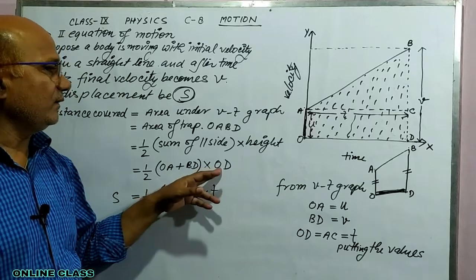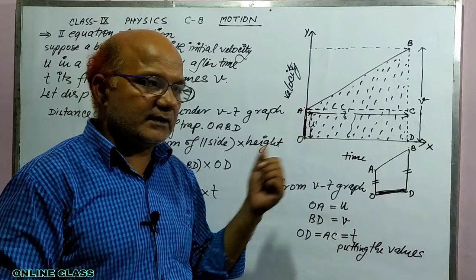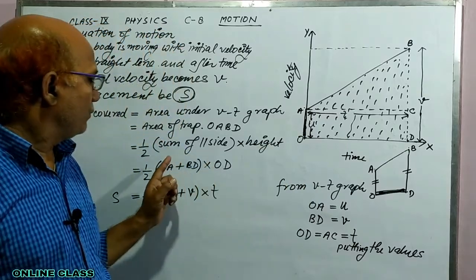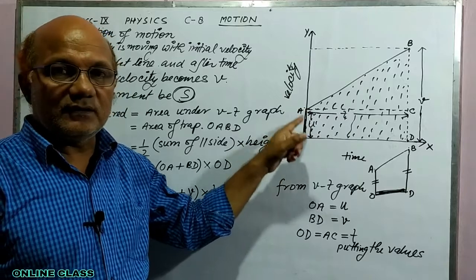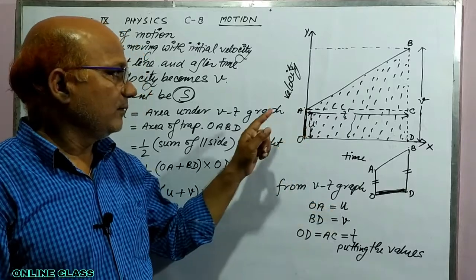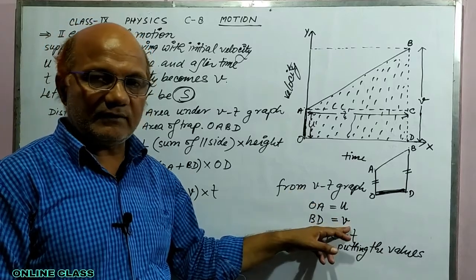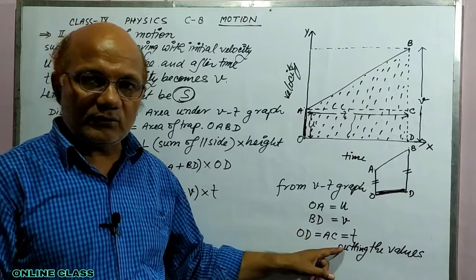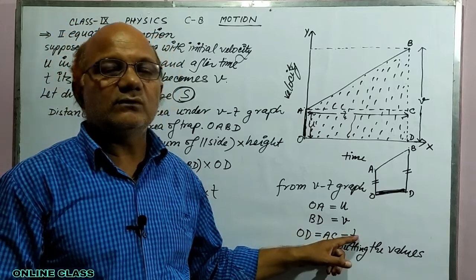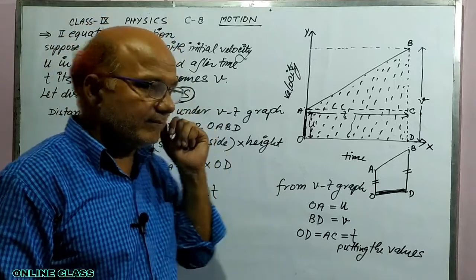So we write here OD, and now you can see from the velocity time graph, OA represents initial velocity, BD represents final velocity, and OD equal to AC, and this is equal to T, means it represents time. Okay.